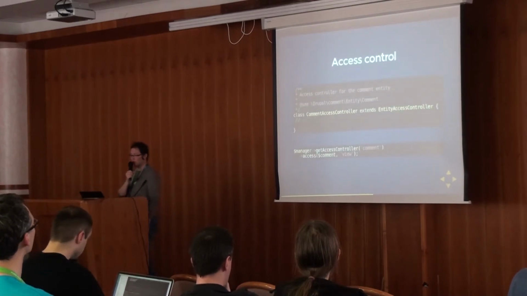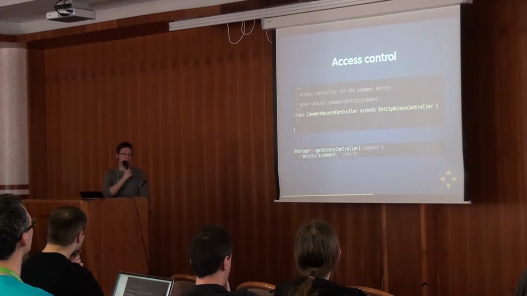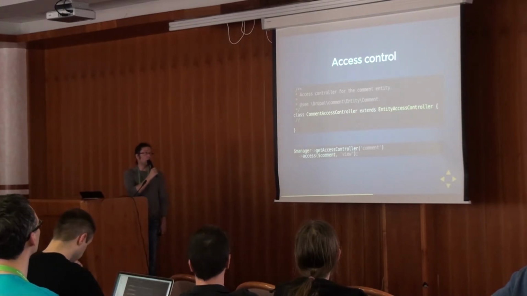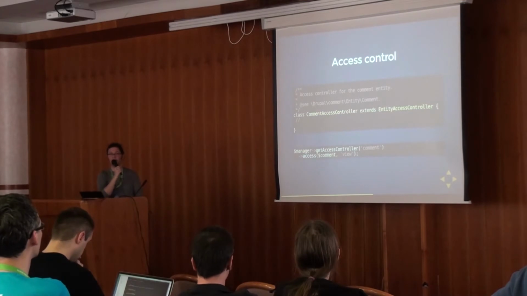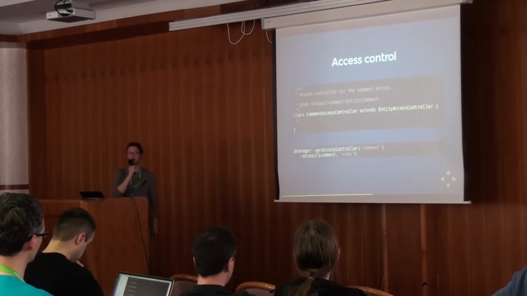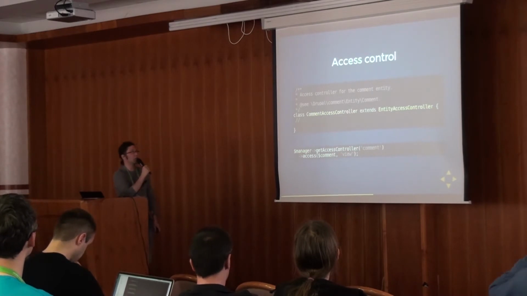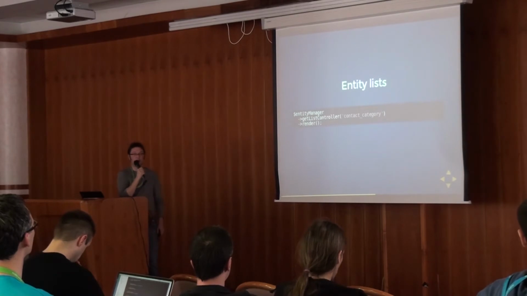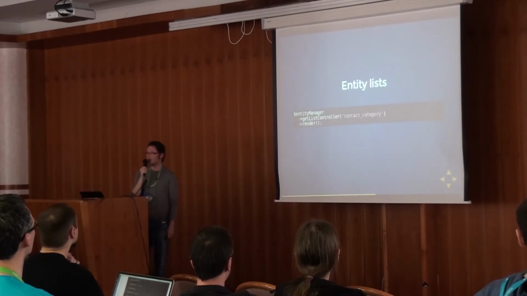There's also a controller for access control. By default it invokes a hook, and you can customize it by implementing a simpler method. And of course, for working with other entity types, you can use the manager to get the access controller of a certain entity type and just call access on it. There's also a controller for generating lists of entities.